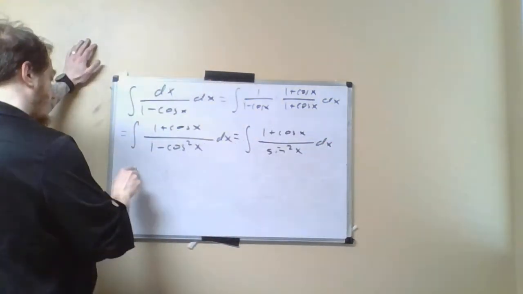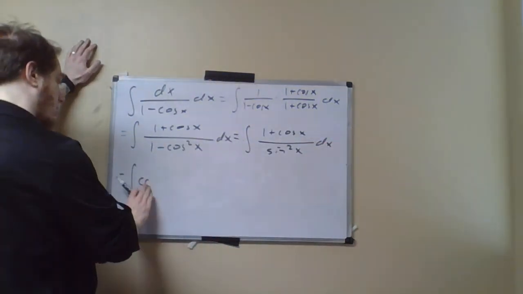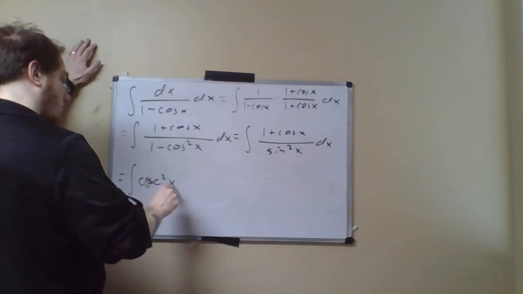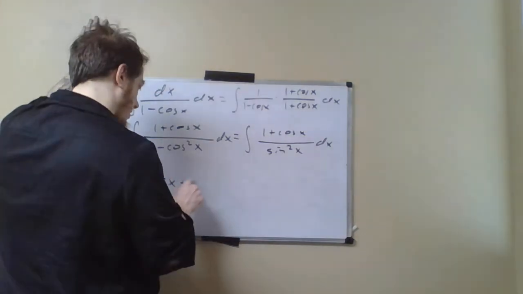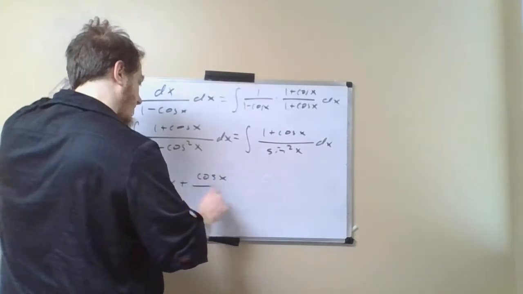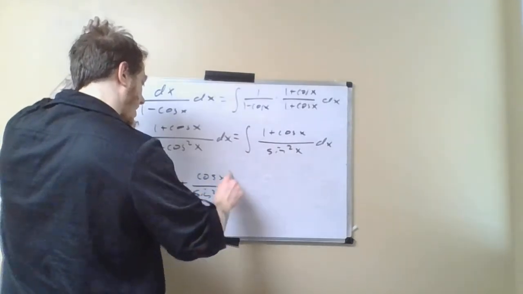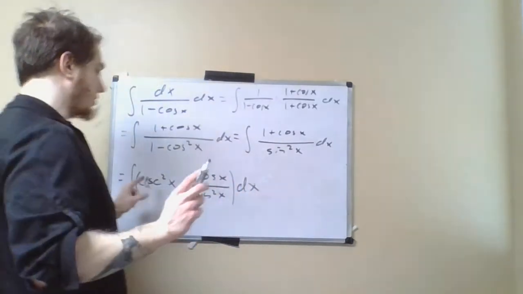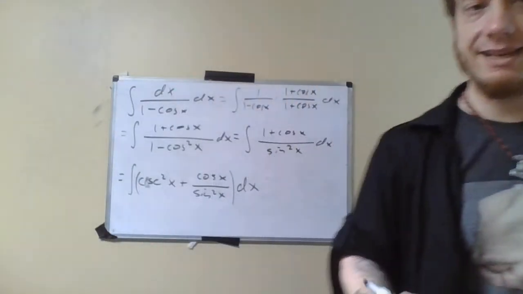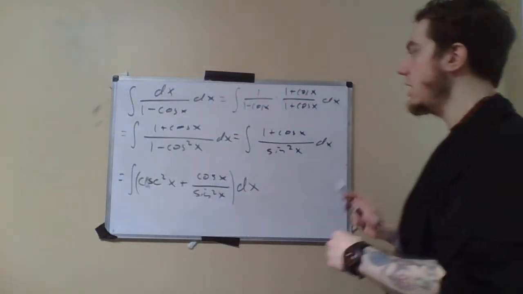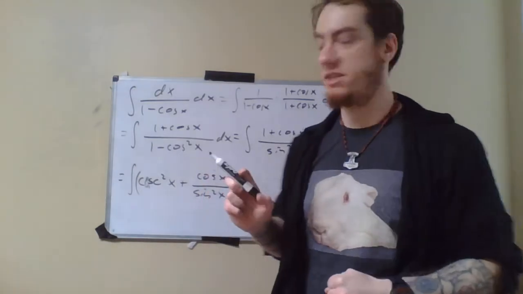Now, the nice thing about this is it splits into cosecant squared x plus cosine x divided by sine squared x. The cosecant squared is easy. It comes out in terms of cotangents, negative cotangent, if I'm not mistaken.